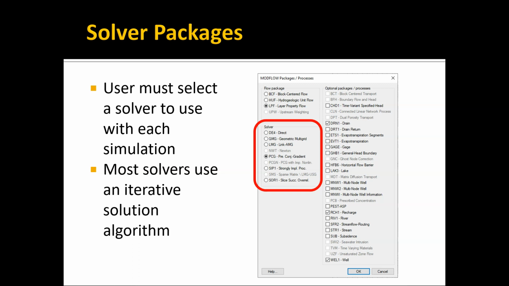Now, one of the immediate questions is why so many solvers? And the answer is each of these solvers uses a different algorithm to generate a set of heads that satisfy the governing differential equation. And sometimes for a particular model, the solver you have selected will not converge.